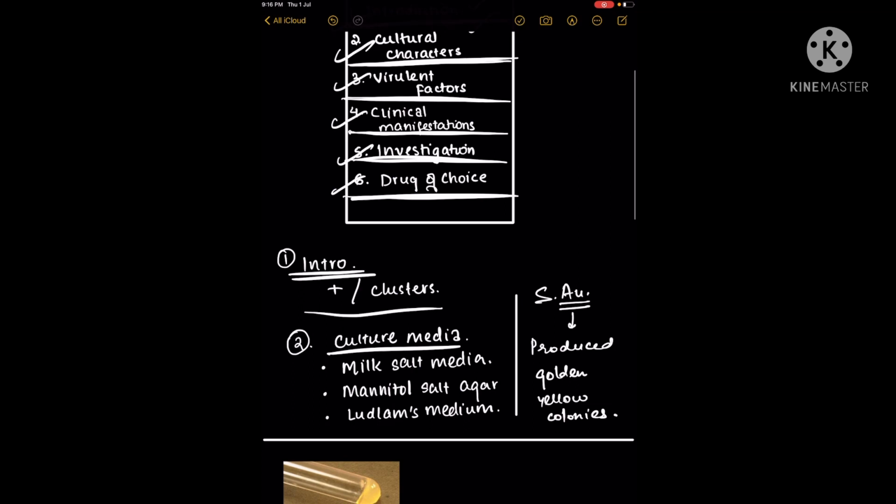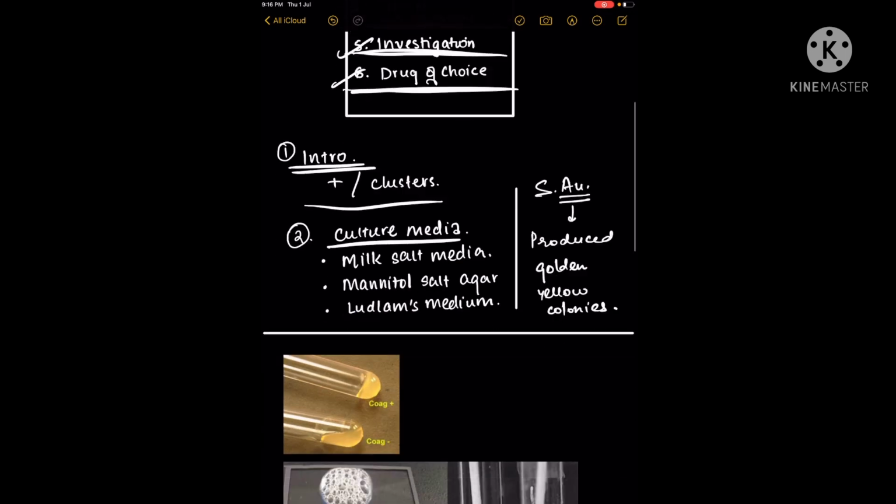The coagulase positive one is only Staphylococcus aureus, and the rest, that means Staphylococcus epidermidis and Staphylococcus saprophyticus, are coagulase test negative.